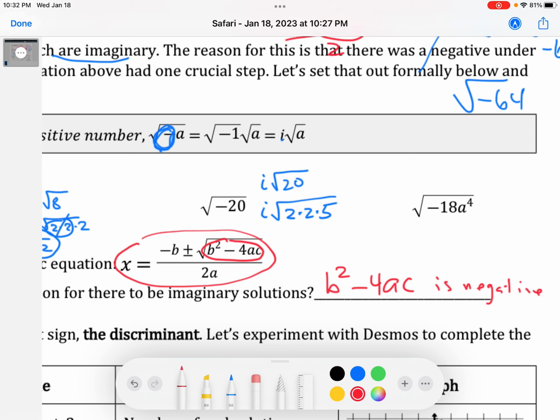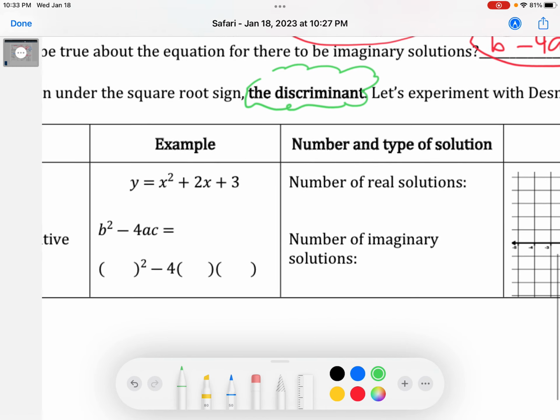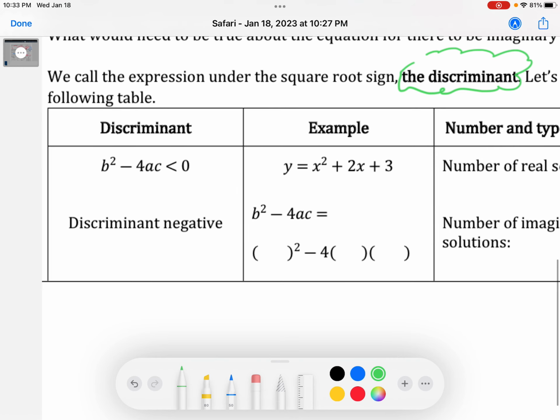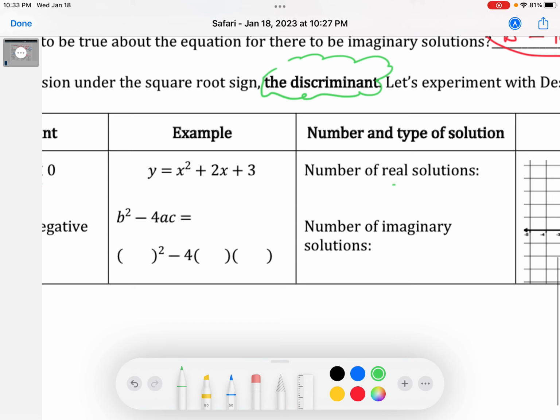And if that's negative, then we're going to have some imaginary solutions. Now, this bit right here, b squared minus 4ac, actually has a special name. The special name it has is the discriminant. Okay, so let's talk about this. Here, if the discriminant is negative, then we're going to have 0 real solutions and 2 imaginary solutions.